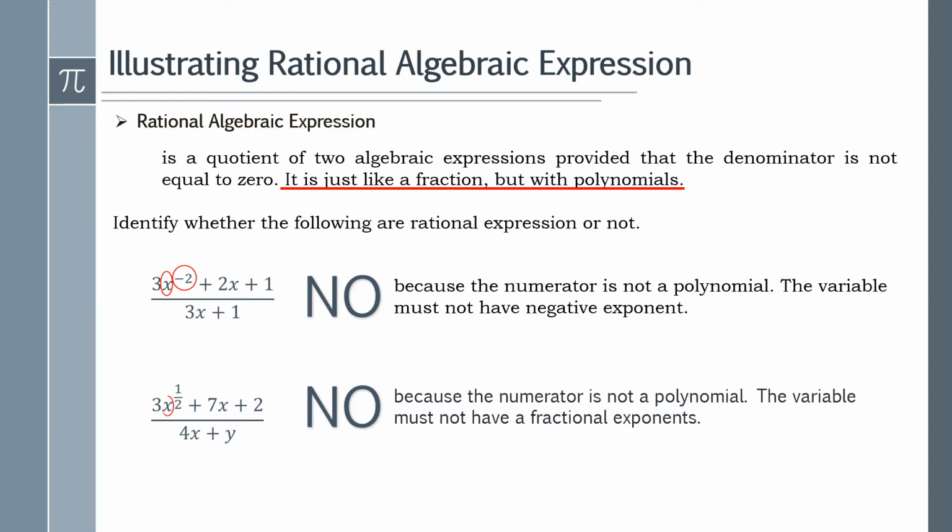Meaning, any variable, whether in the numerator or denominator, must not have fractional exponents. It must be a whole number. Earlier, negative was not allowed. This time, a fractional exponent is not allowed. It must really be a whole number. From 1 to infinity, so 1, 2, 3, 4, and so on. So this is not a rational algebraic expression.